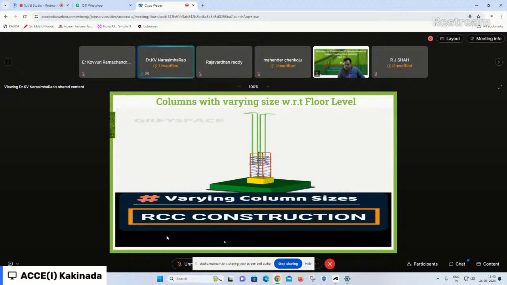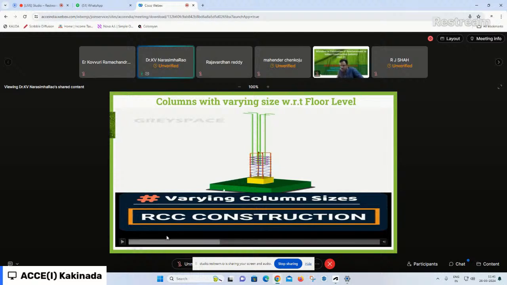Here, there is eccentricity of the load with respect to the geometrical dimensions, and the column is flushed with one face, that is, the top column is flushed with one face of the bottom column, generally towards the outer face. In this case, we'll discuss how it can be done.